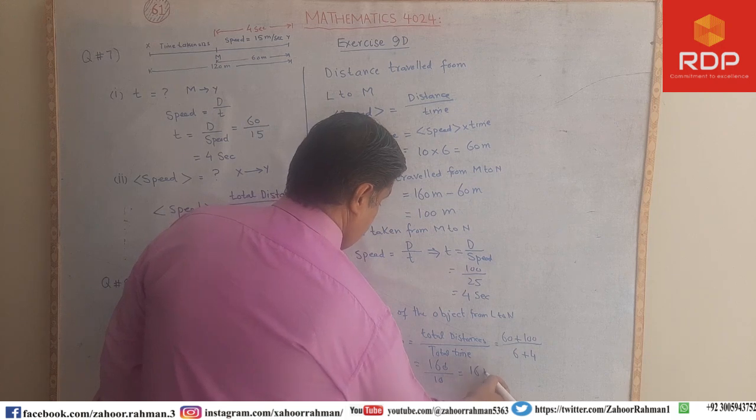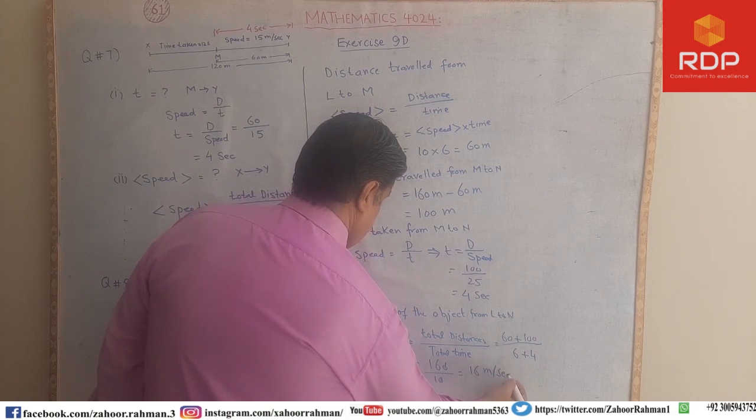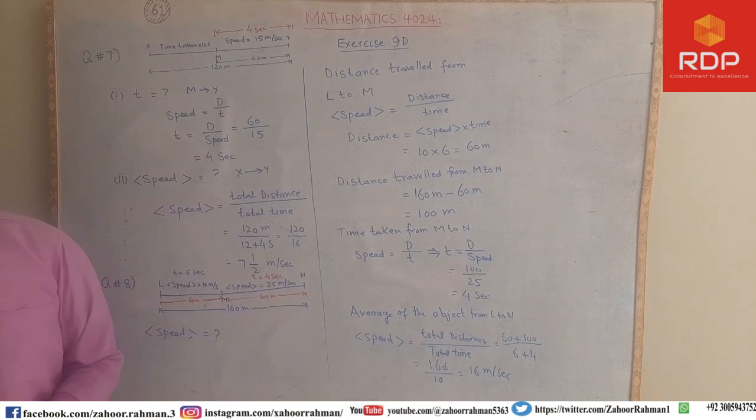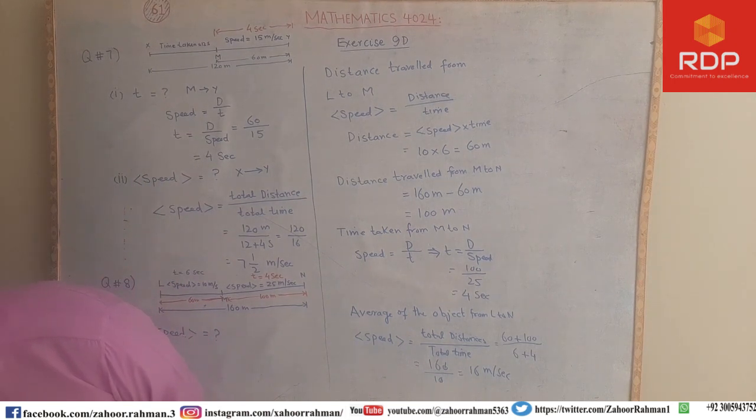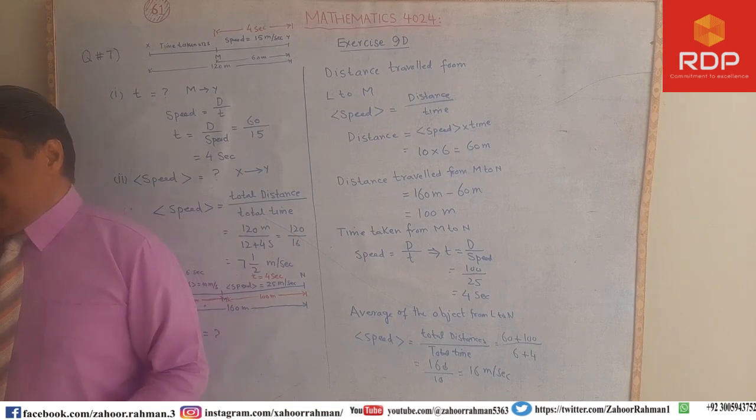So 16 meter per second is the average speed of this object.